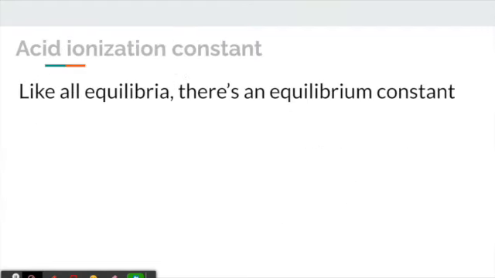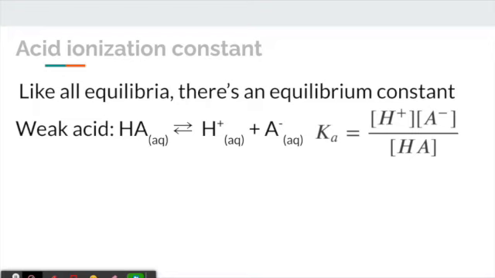Because this is at dynamic equilibrium, there's an equilibrium constant, just like there always is. So, for example, if you have a generic weak acid HA and it's ionizing to give you H plus ions and its conjugate base, an A minus ion, the K for this equilibrium would be H plus and A minus concentrations in the numerator and HA concentration in the denominator.